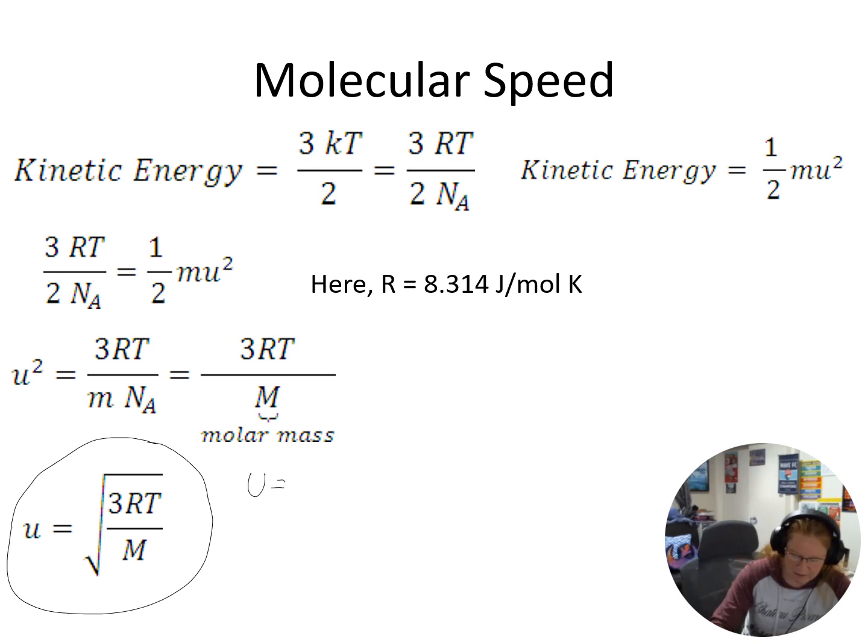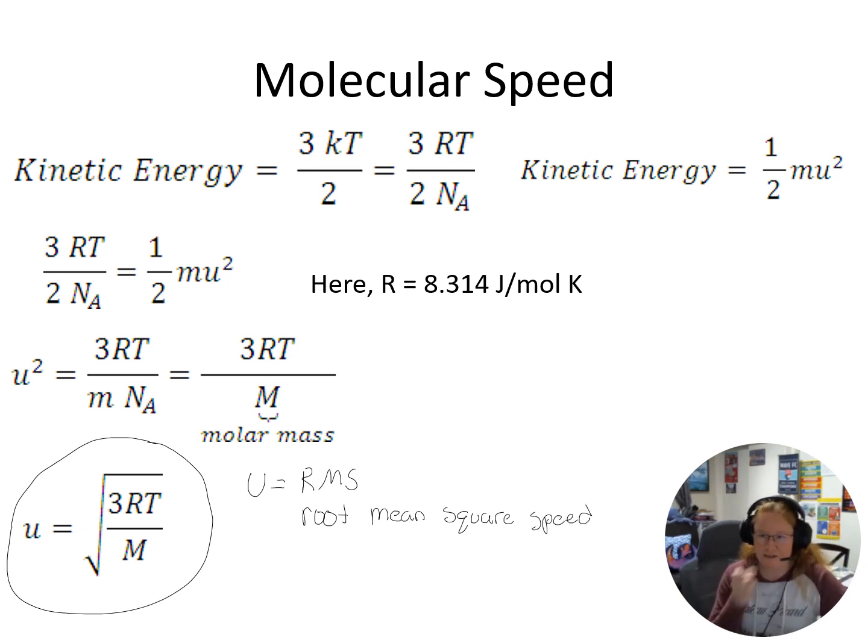U is what we call the RMS, or the root mean square speed of our gas. So if I take 3 times R times temperature divided by the molar mass, take the square root of that, that's my root mean square speed.